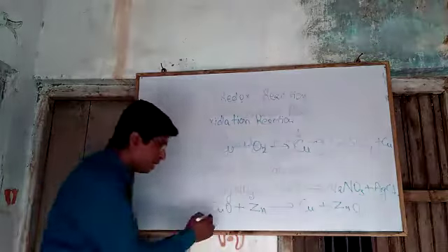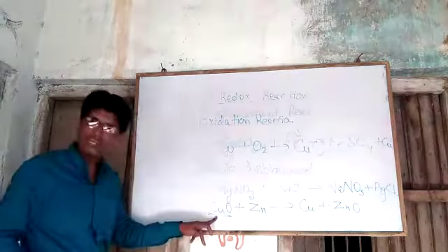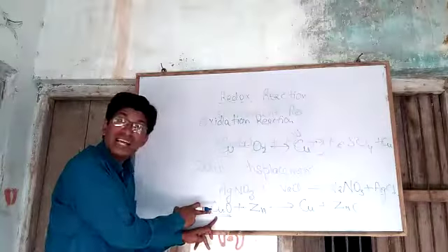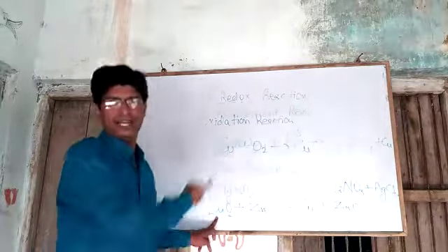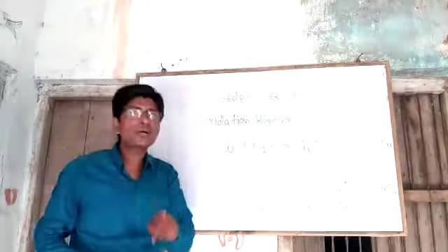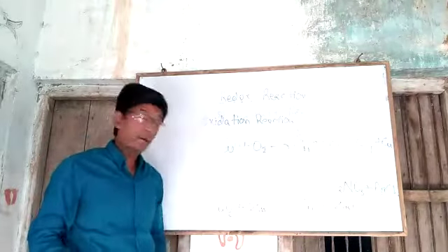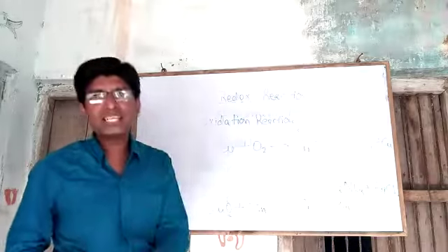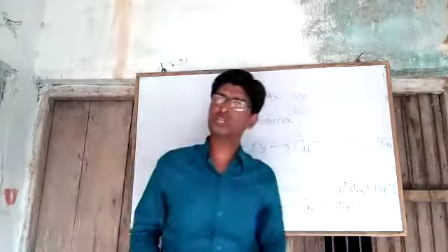Here you can find copper oxide has oxygen, but copper has no oxygen. So copper oxide loses its oxygen atom and produces copper, reddish brown copper. That's why it is called reduction reaction, because in this reaction copper oxide loses its oxygen atom and produces copper.